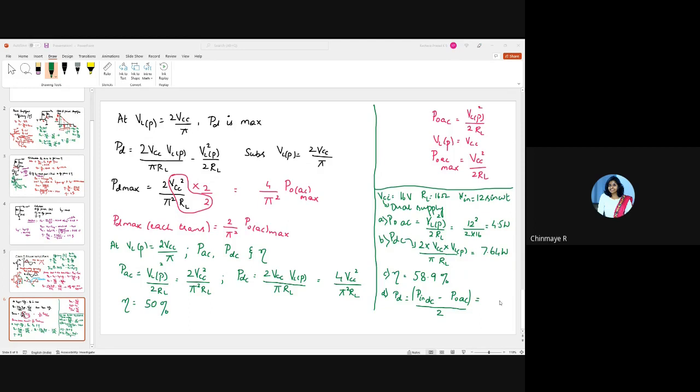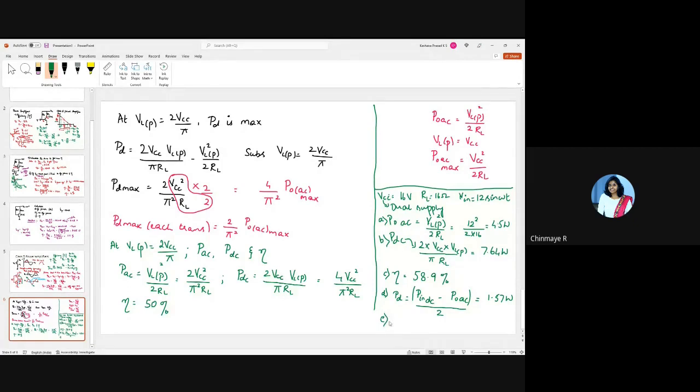So the power dissipated by each transistor will be 1.57 watts.